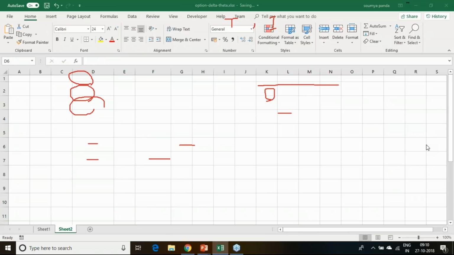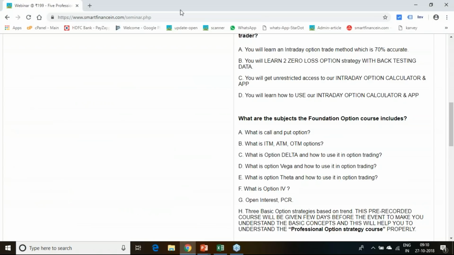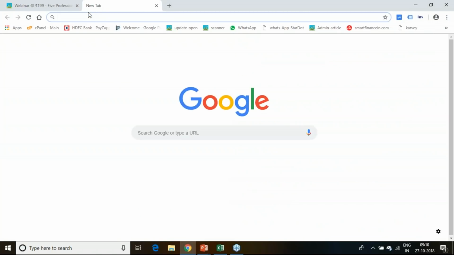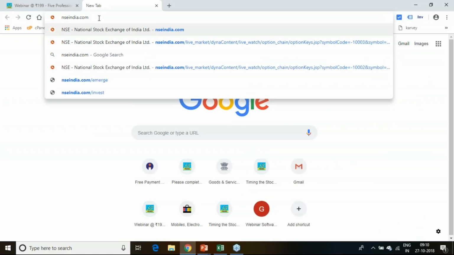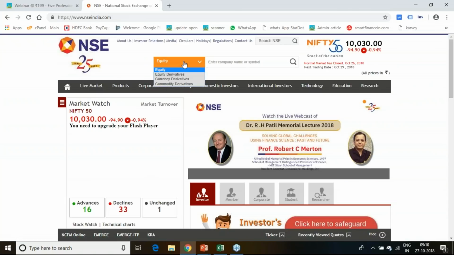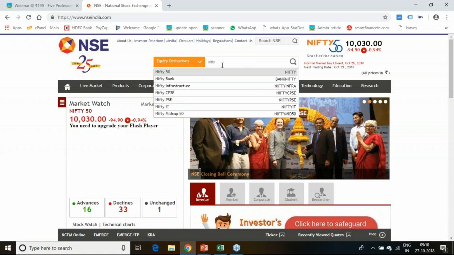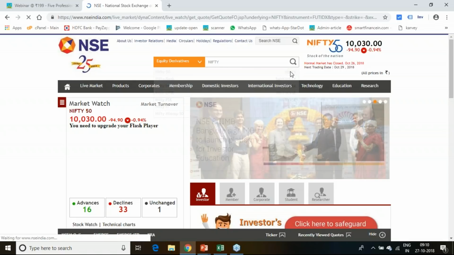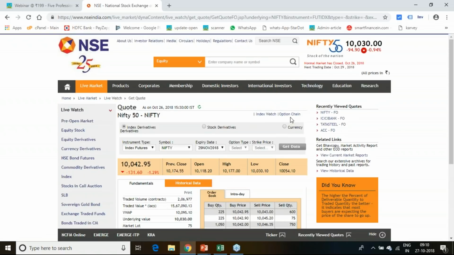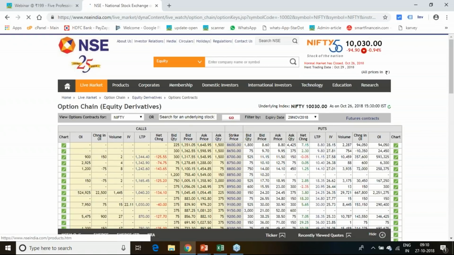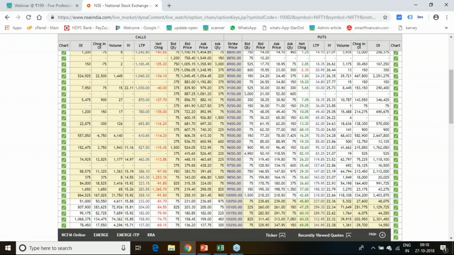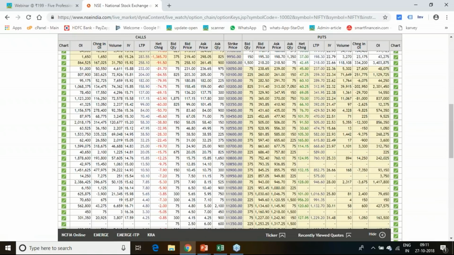I am going to take an option from the NSE site. So I will be visiting the NSE site. You will also come to know how an option is important and how I can estimate an option. On this NSE site, you will get an option chain like this.